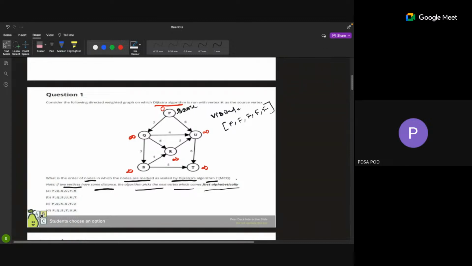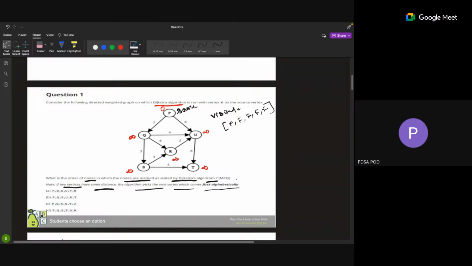Whenever it's the same, whichever comes first alphabetically is going to be selected. If A and B both have edge weights of 5 and 5, A is going to be selected. Hope you understand, right?